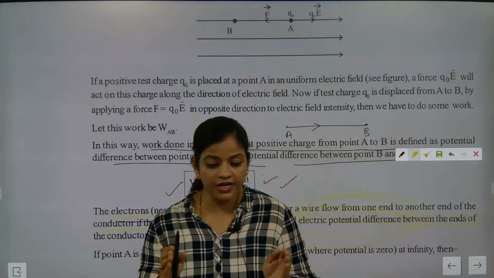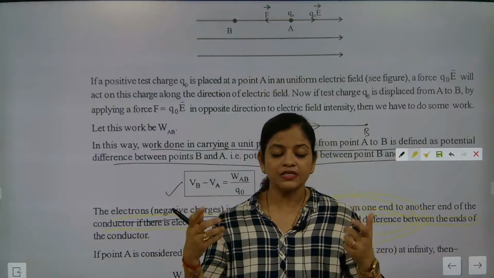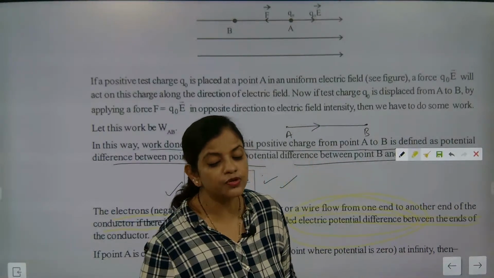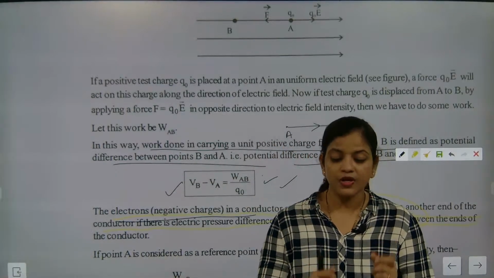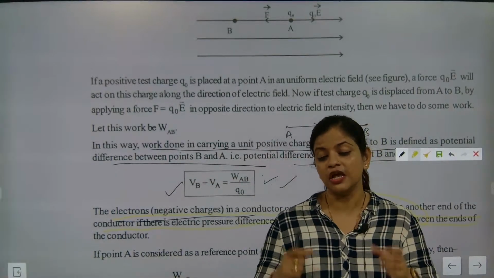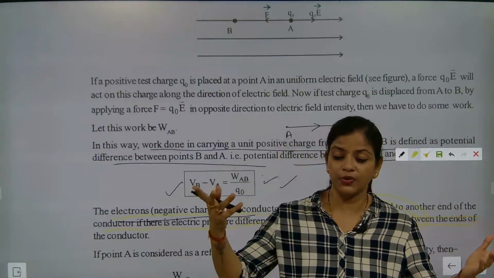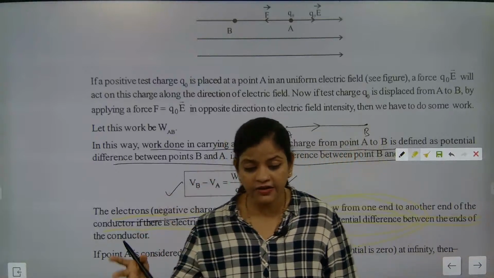See, in a very simple way I am explaining. How can a wire conduct electricity? This is the most important thing. For that they need potential difference. A wire can conduct electricity if it has potential difference, meaning the difference between the terminals. The terminals are the positive terminal and the negative terminal.